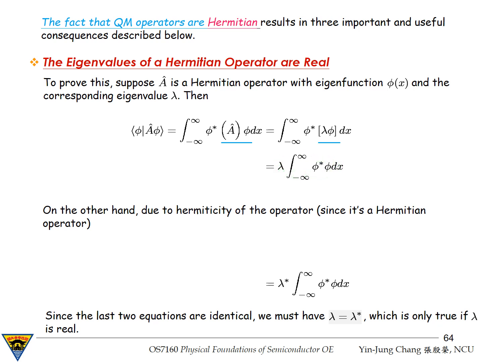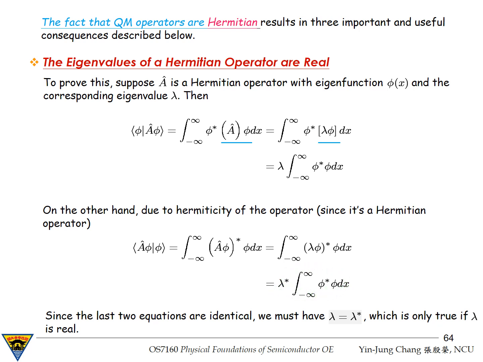Now let's look at the same quantity from the other side. Because A hat is Hermitian, we have the Hermiticity relation shown here, which says the inner product of phi with A hat acting on phi must be equal to the inner product of the operator A hat acting on phi with the wave function phi. Again, using the inner product and the eigenvalue relations, we obtain the expression shown here.